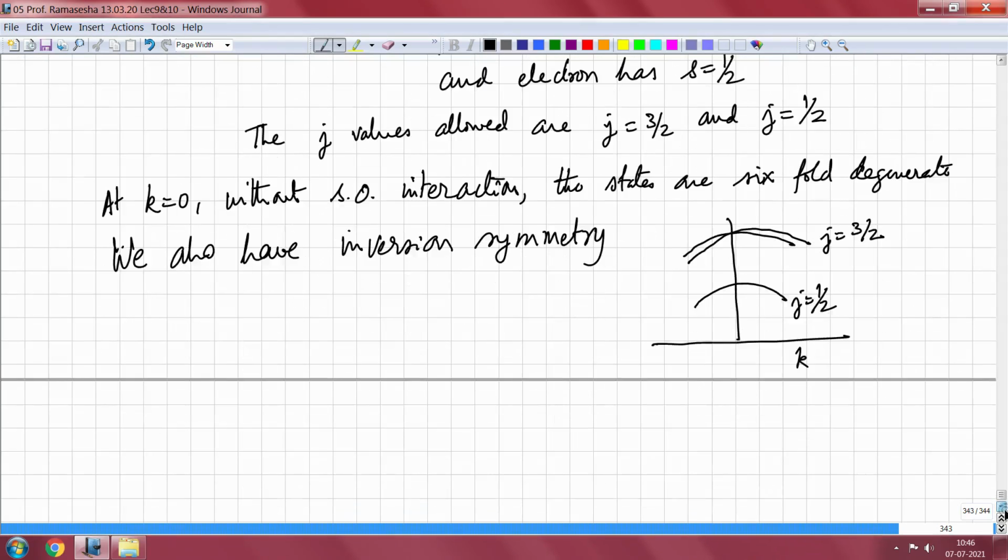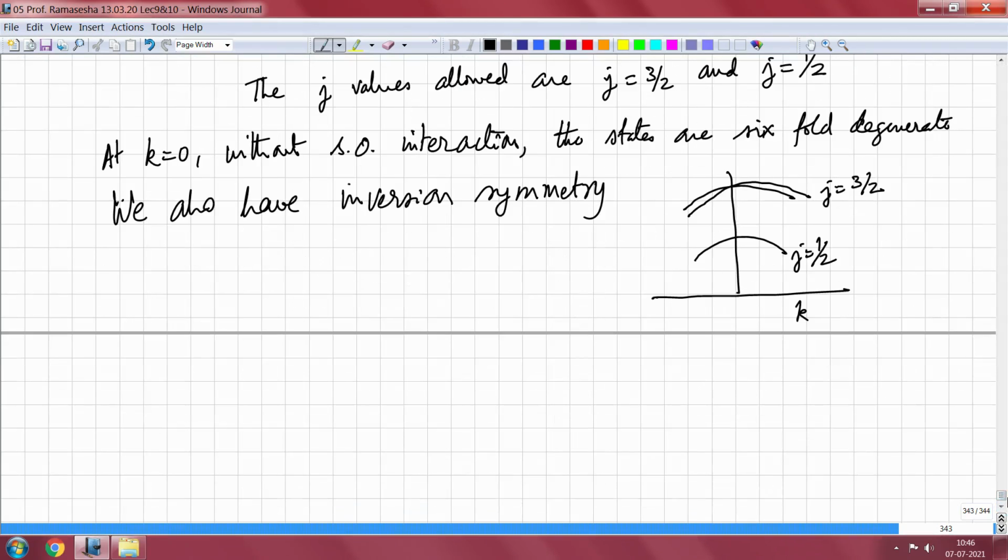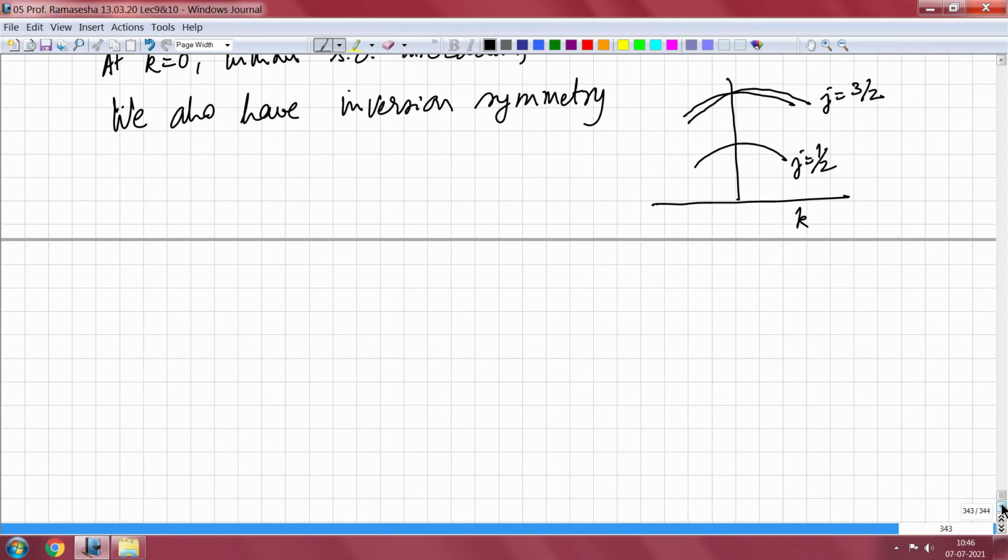Oh, I said I have got inversion symmetry. So with inversion this is the band structure that I have. So if I do not have inversion symmetry, but we have spin orbit interaction.